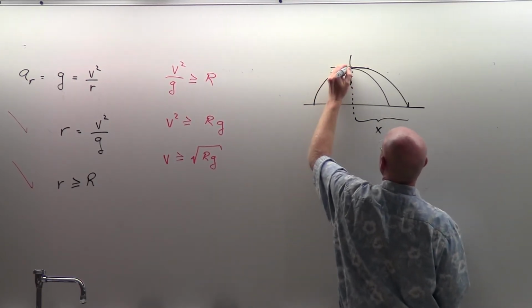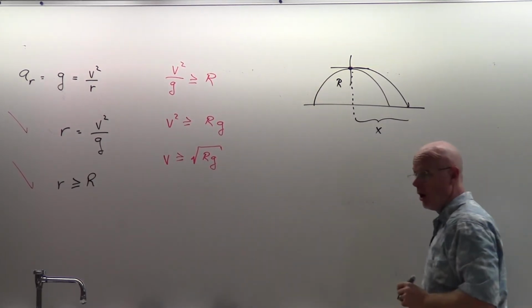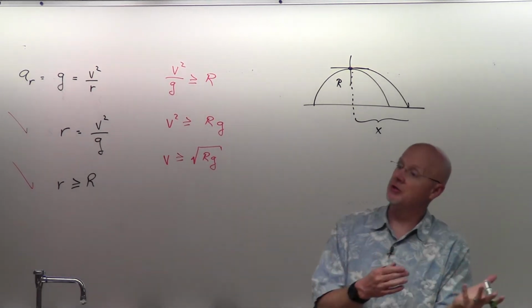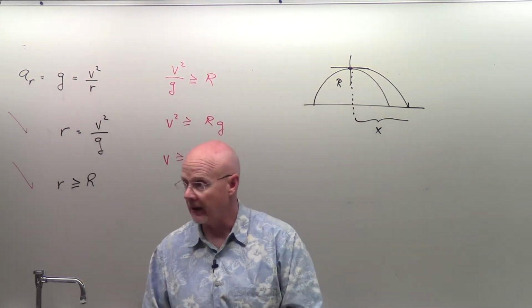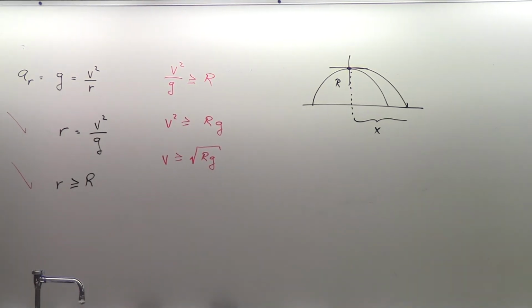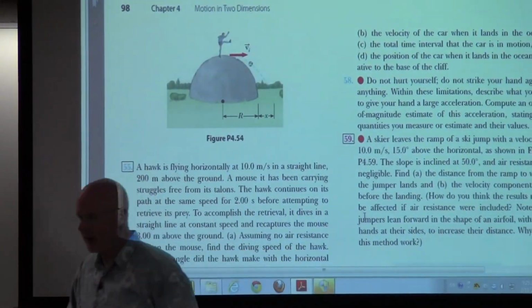Let's launch it from here, and so this going down would be r. And so let's go back to our projectile motion that we did all those examples on Monday. Maybe I should point out though, my x is different than their x. Their x is how far beyond the rock does it land, so we'll come back to that one.